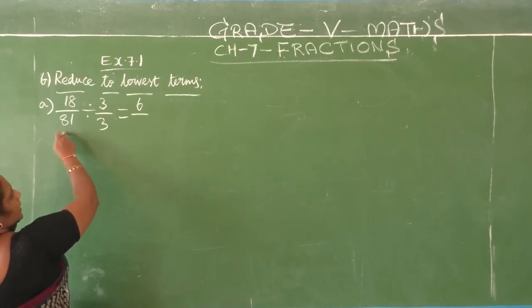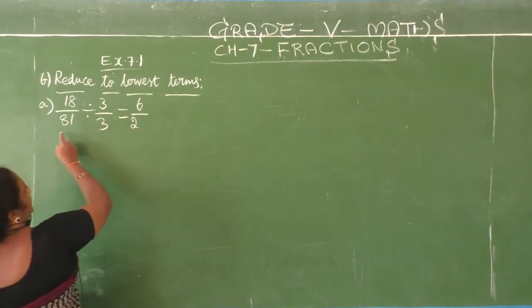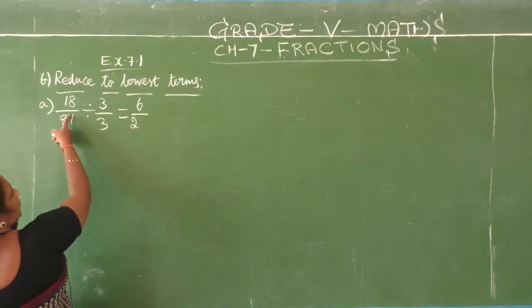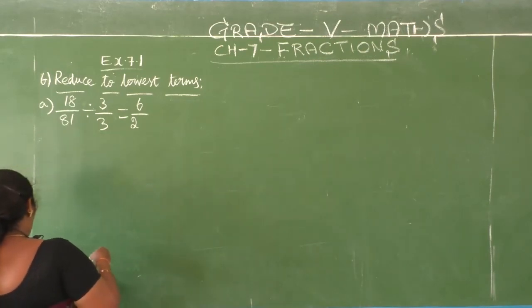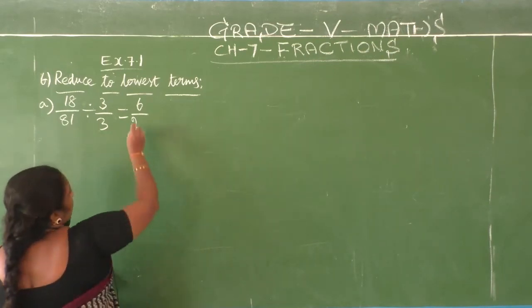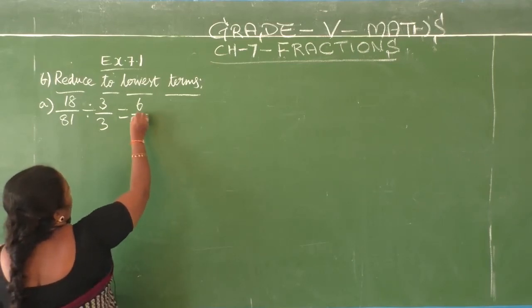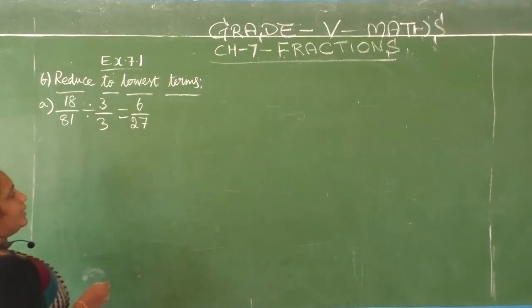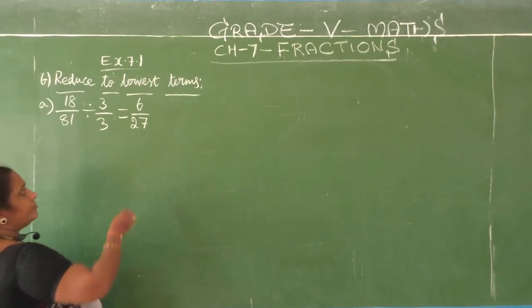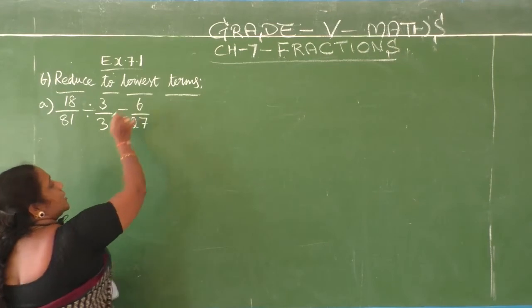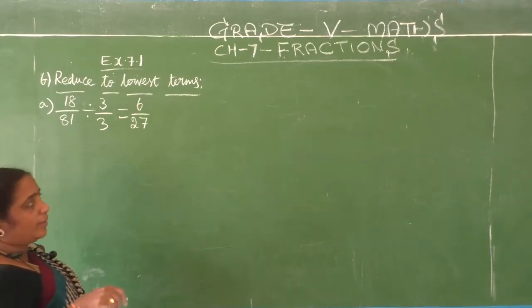Then in 81, how many 3s are there? 2 3s are 6, remaining 2, so 21. How many 3s are 21? 7 3s are 21. So we divided by the common factor one time. Again we can reduce the fraction by a common factor.